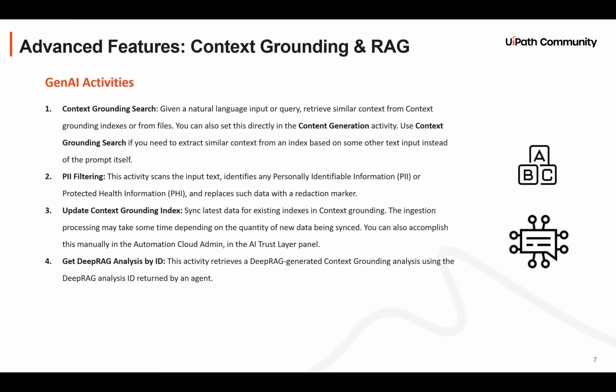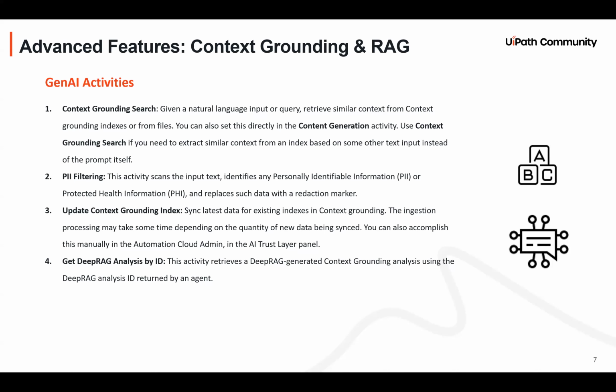How we create the index and pass it to our LLM models, I will show you in a while. For now, just remember that context grounding, or RAG, is a feature that helps our LLM or generative AI model answer more accurately than its original training data.